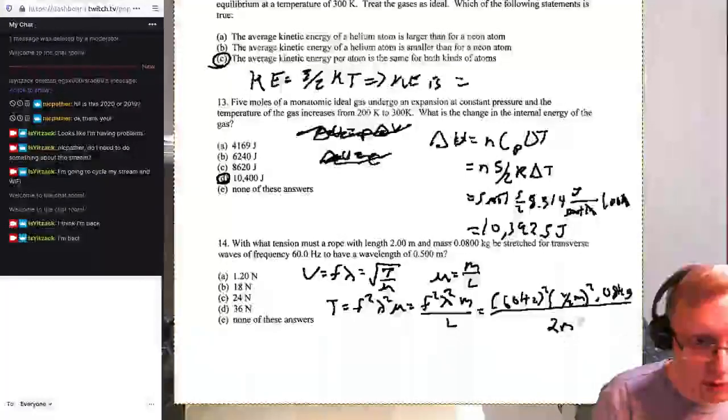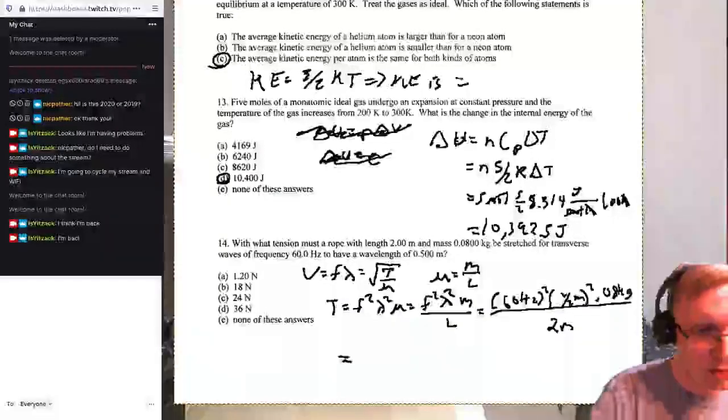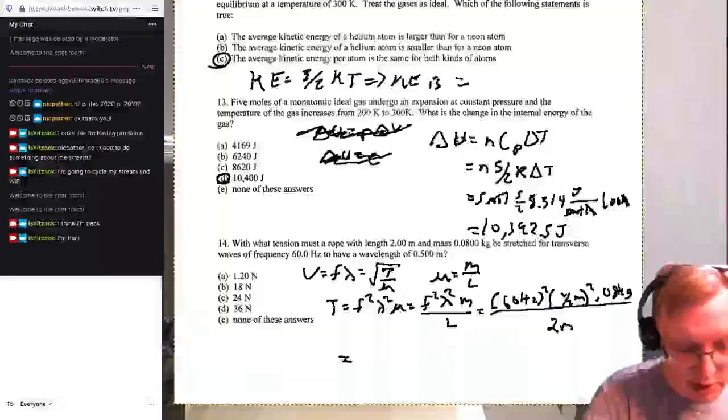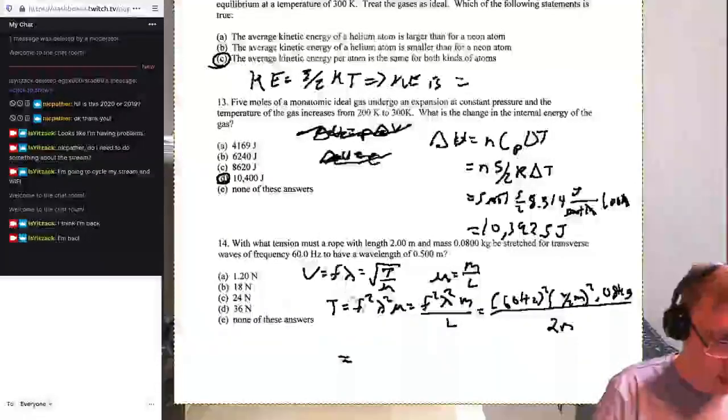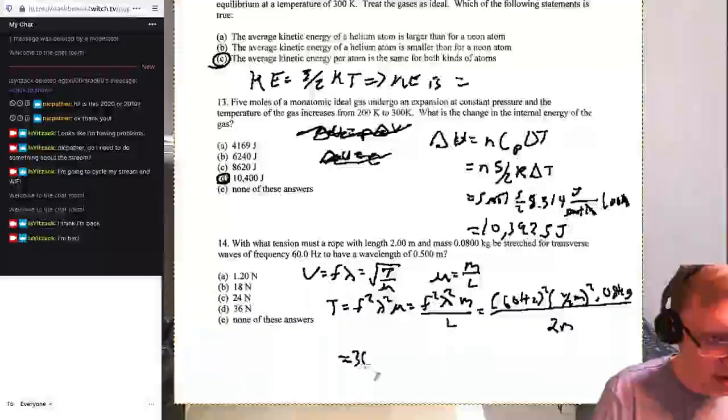Let's take care of the units afterwards. So 60 squared times 1/2 squared times 0.08 divided by 2 is 36. 36, probably newtons, but let's check.